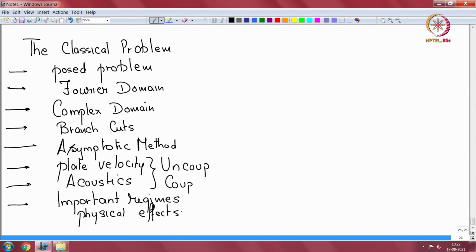I am writing this because this kind of gives you the gamut that is involved typically in sound and structural vibration problems. Now the problem we looked at was infinite dimensional. The panel was infinite dimensional. The sound field half space was infinite dimensional. I mean, it extends to infinity.